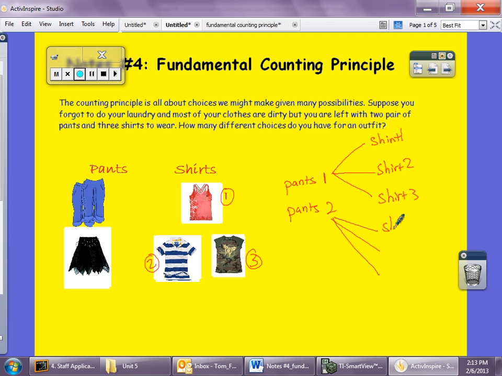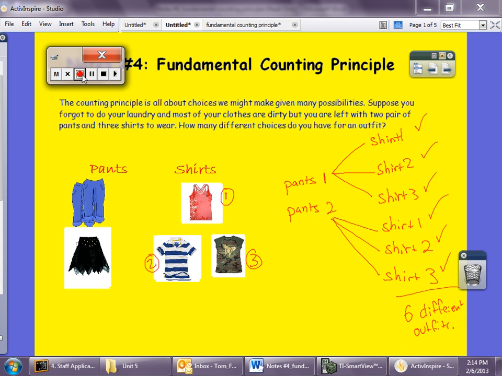So I can wear shirt 1, shirt 2, or shirt 3. So that means we have a total, if we count these, 1, 2, 3, 4, 5, 6. There's a total of 6 different outfits I can wear. Now some are going to look better than others, but we have a total of 6 different outfits.